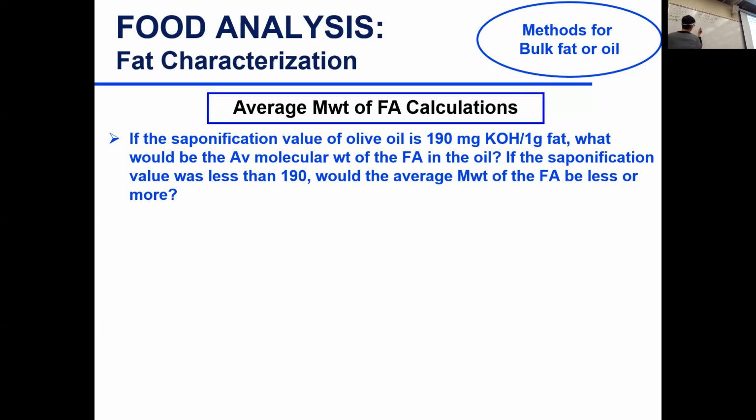So basically, it is 1 gram times 3 times 56.1 grams per mole over 0.19 grams. So units cancel. And what is the value I get here?